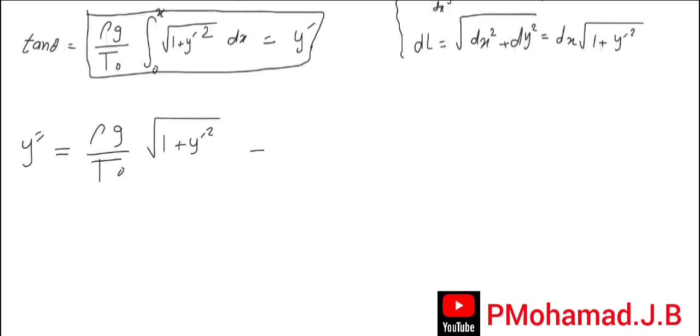And here, maybe you know that we name y prime another quantity, for example u, and so we will have y double prime equal to u prime.